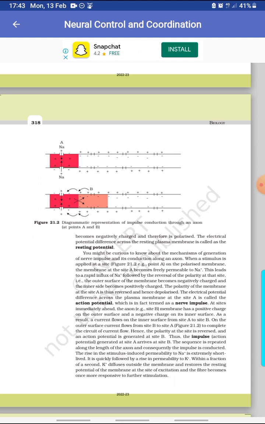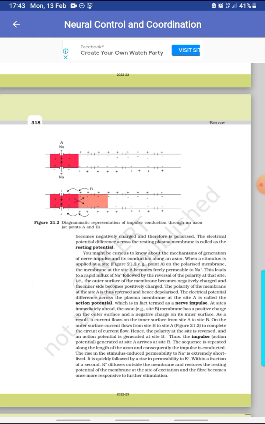That is, the outer surface of the membrane becomes negatively charged and the inner side becomes positively charged. The polarity of the membrane at this site A is thus reversed and hence depolarized. The electrical potential difference across the plasma membrane at site A is called the action potential, which is in fact termed a nerve impulse.